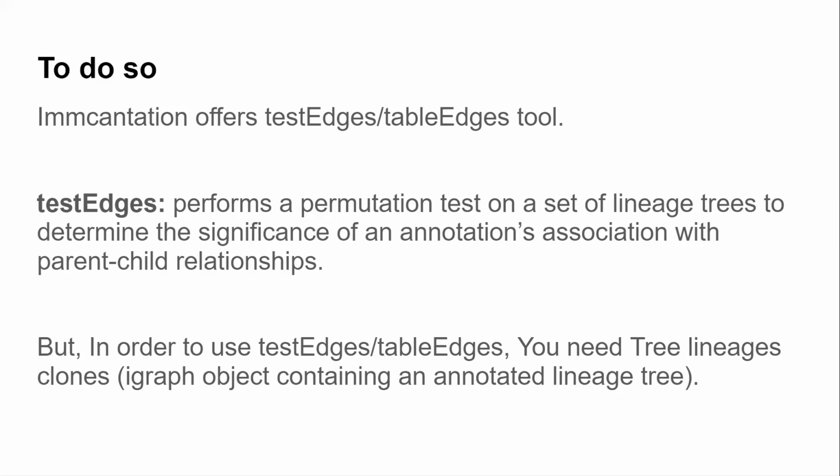In general, a permutation test involves randomizing the data in some way and comparing the observed test statistic to the distribution of test statistics under the null hypothesis. The null hypothesis in this context might be that there is no association between the CD45 positive and the CD45 negative. This is done to assess whether the observed result is statistically significant. But in order to use test edges, you need a set of lineage clones, which is an iGraph object containing an annotated lineage tree.